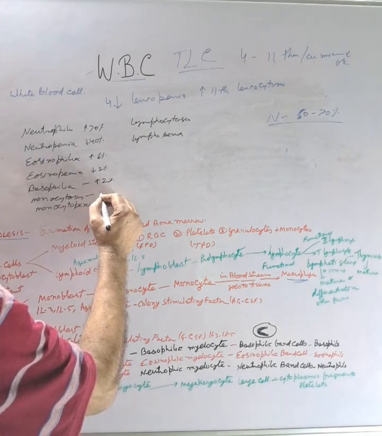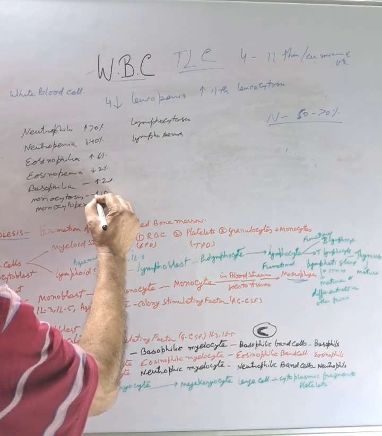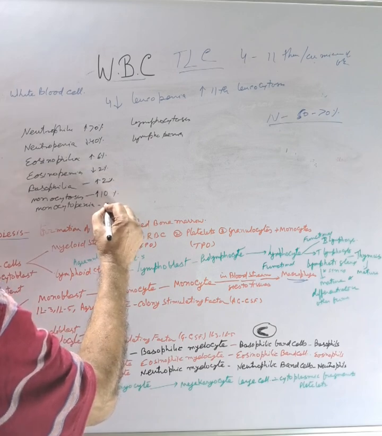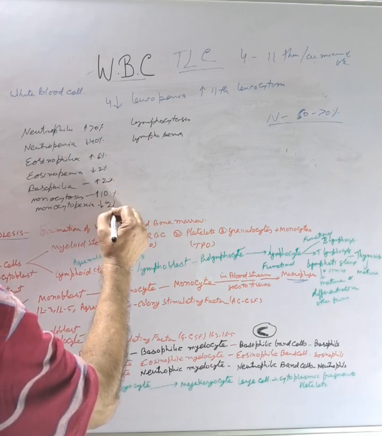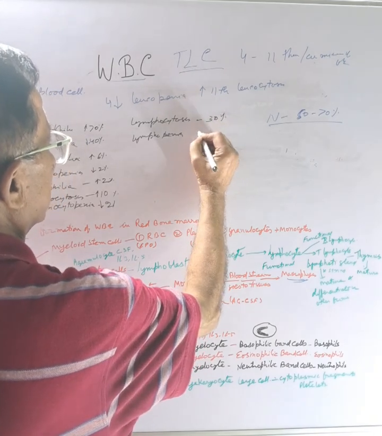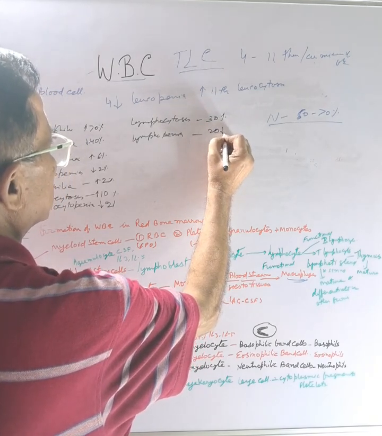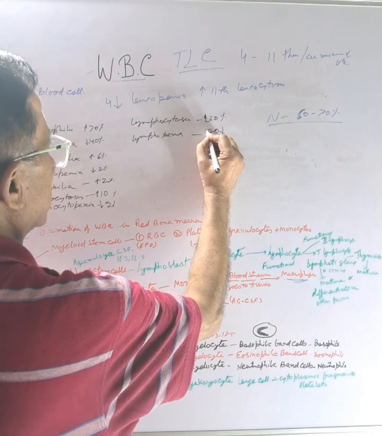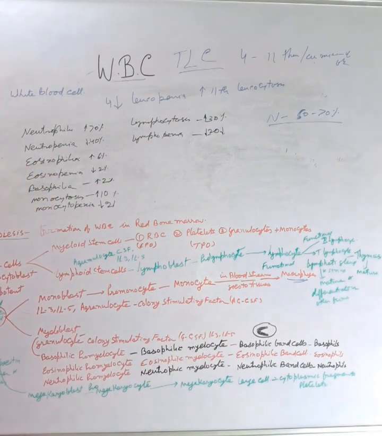Monocytosis is more than 10%, monocytopenia less than 2%, lymphocytosis more than 30%, and lymphopenia less than 20%. This is about WBC character.